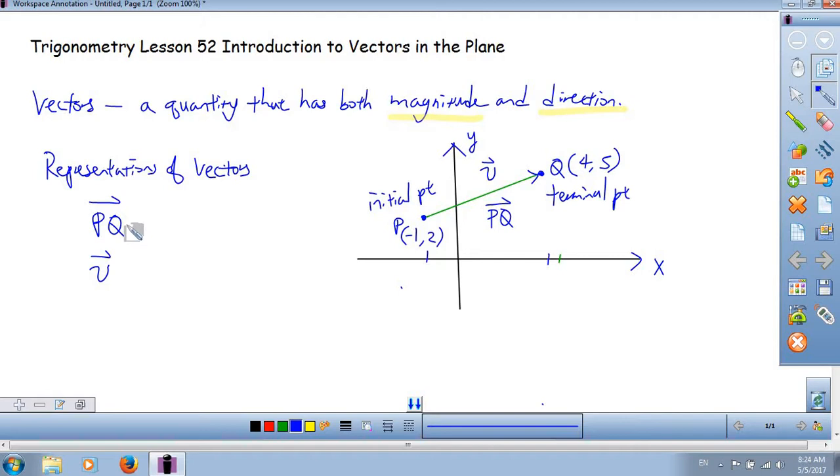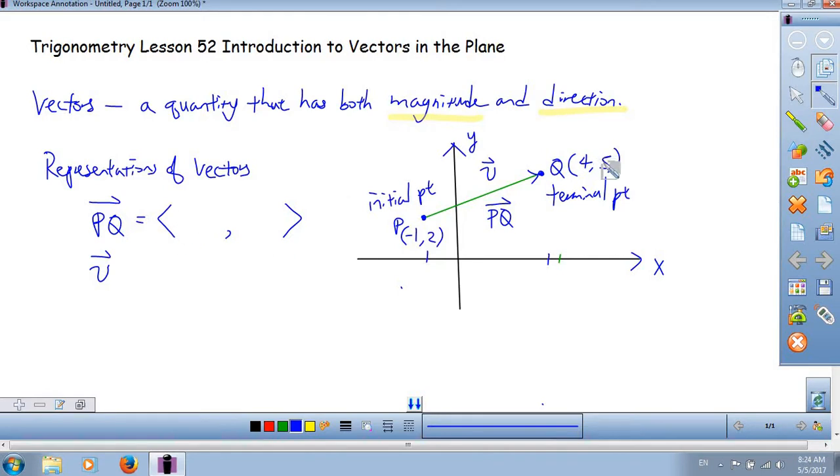To represent PQ using algebraic notation, using component form, we represent this by the X component and Y component. Now how do I get the X component? How do I get the Y component? Notice I'm using an angle bracket.